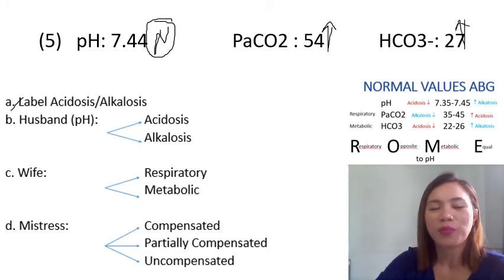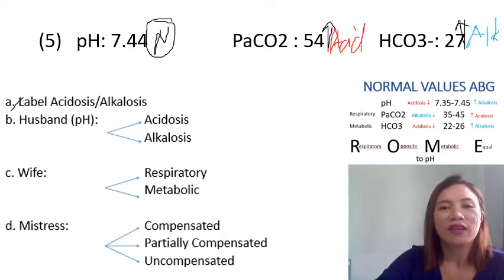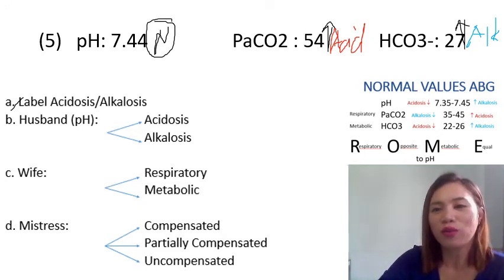Let's see. Your carbon dioxide, if increased, is acid. Your bicarbonate, if increased, is alkalosis. All right. You know how to do this?